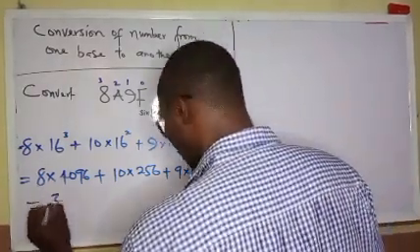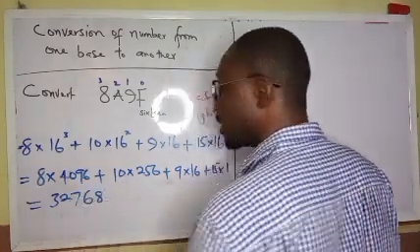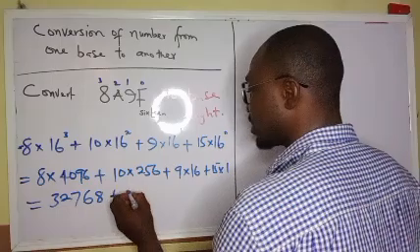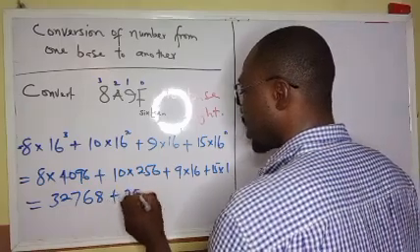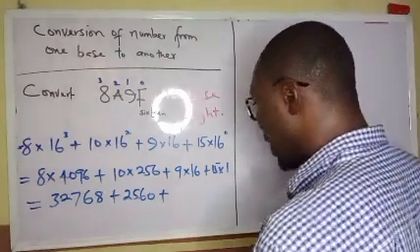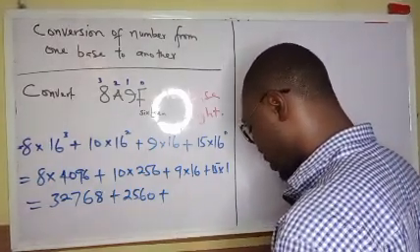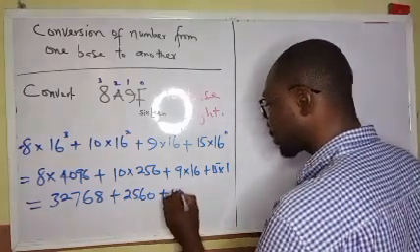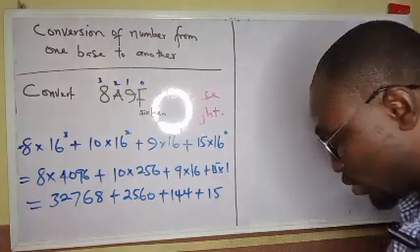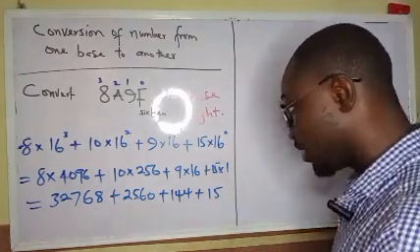We have it to be 32768, plus 10 times 256, which means 2560, plus 9 times 16, which is 144, then plus 15.